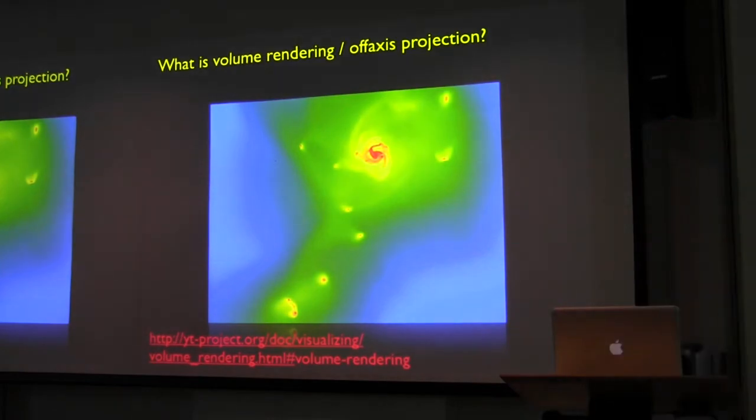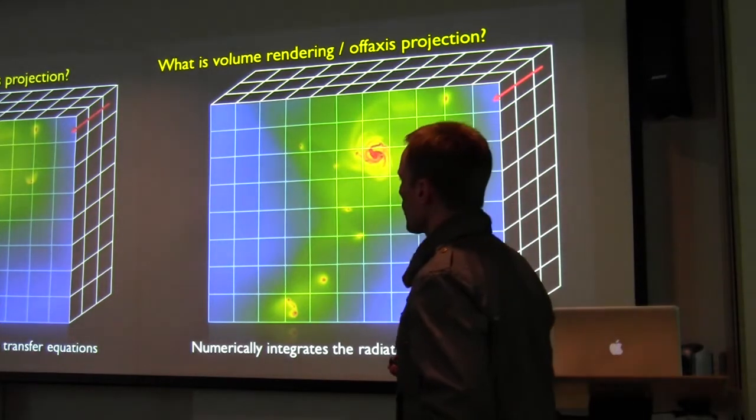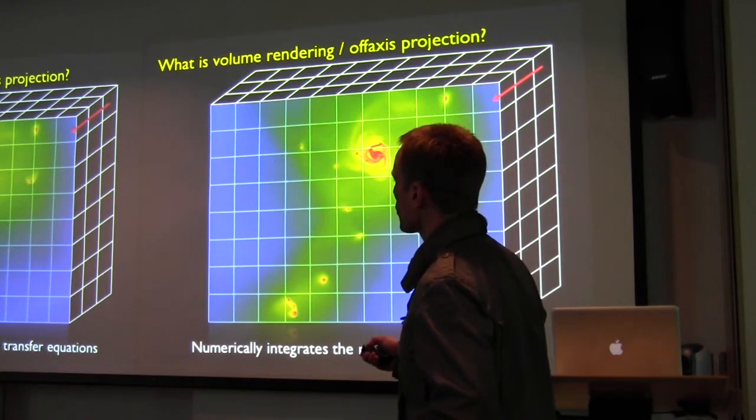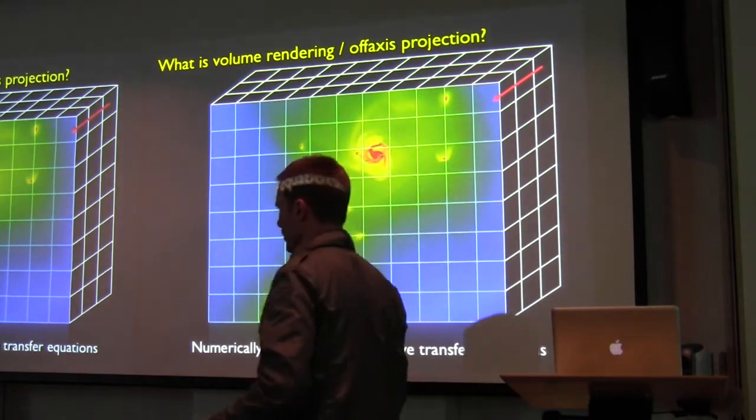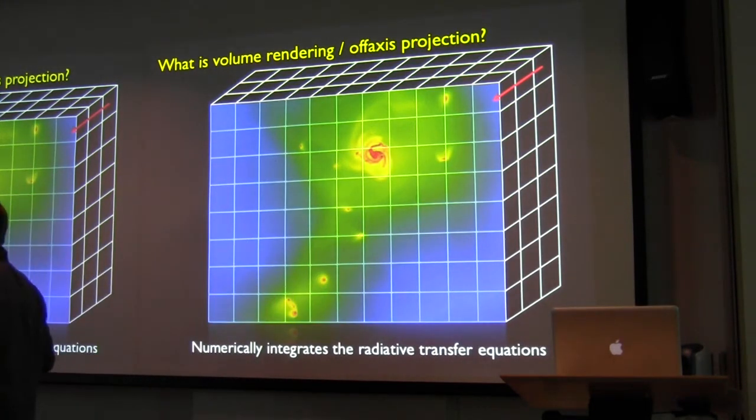So really what's going on is we're numerically integrating the radiative transfer equations for a given volume. Obviously, we're all using grid-based data. So you take the grid, the full volume that you want to render. You start in the back with an empty photon, and then you let each photon from the back that represents a pixel travel through your different grid elements until it gets to the front.